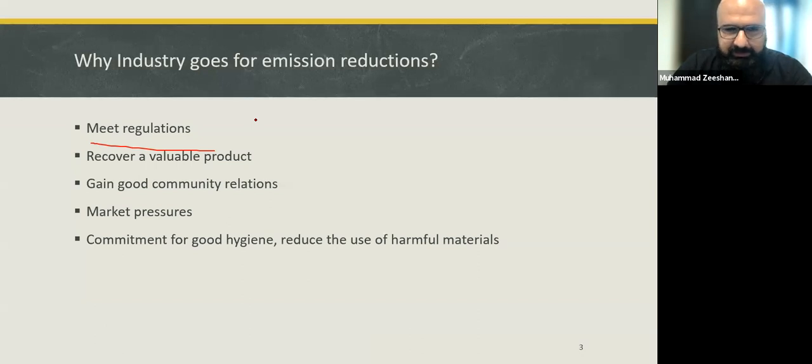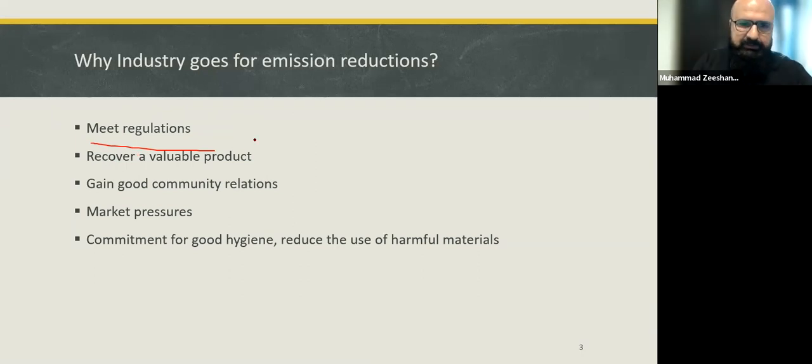But with production of the necessities and accessories, we produce a lot of emissions. And those emissions have an impact on the community, and to protect the community and the environment from the impact of those emissions, we have certain regulations. Industry needs to meet those regulations, and that is why it needs to control the air pollution.